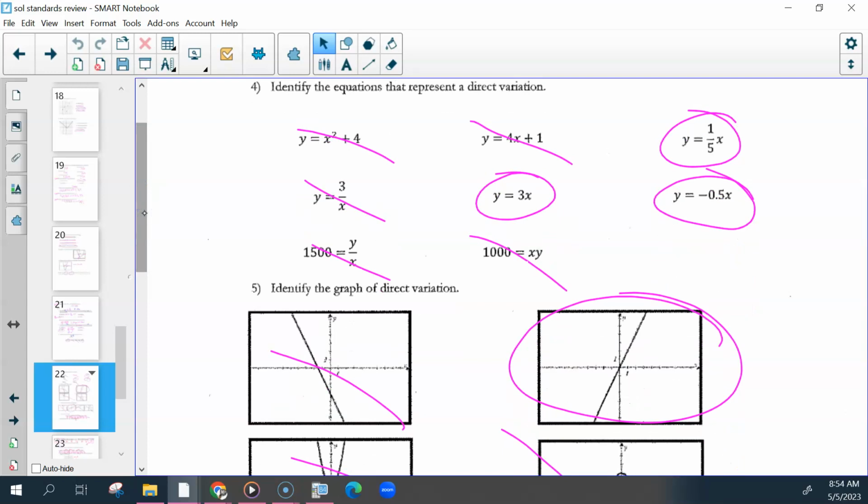Number 4, once you figure out what a direct variation is and what to look for, you're looking for an equation that goes to the origin. That's a line, so this would not be a line, this would be a line but it doesn't go to the origin, this is a line that goes to the origin, these are not lines.